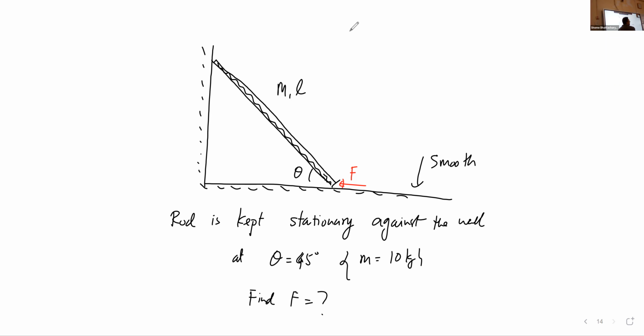Write the question, then you'll understand why we need to take torque. Okay, because just translational equilibrium alone will not give you enough equations to understand what all forces are acting and how much force is needed. Okay. So this is an example of, again, equilibrium, but this time of a free rigid body.